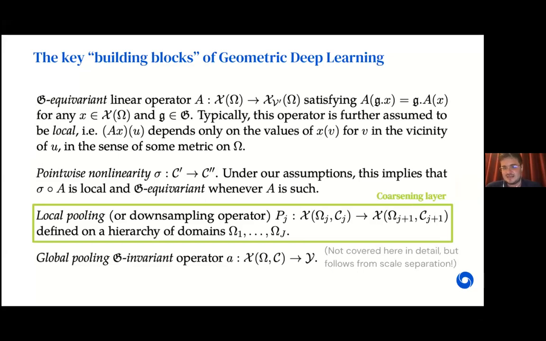And this is the basis of, say, local pooling layers that you might see in images, or even in manifold or mesh applications. So that means that at every step you pick a domain omega j plus 1, which is contained within the previous one, and you essentially do a sort of downsampling on the original feature space into a coarsened domain. I'm not covering them here in detail, but coarsening layers also follow from this principle of scale separation.